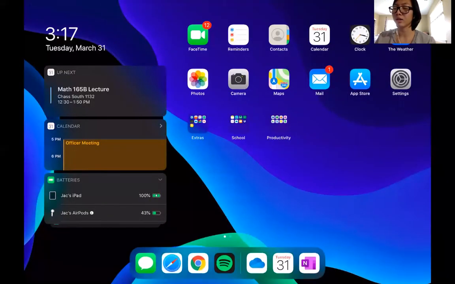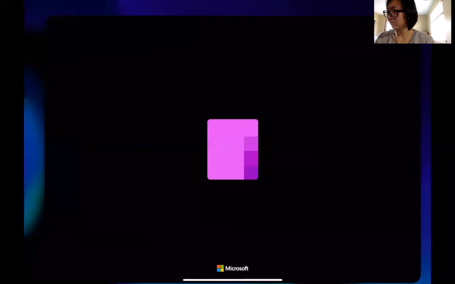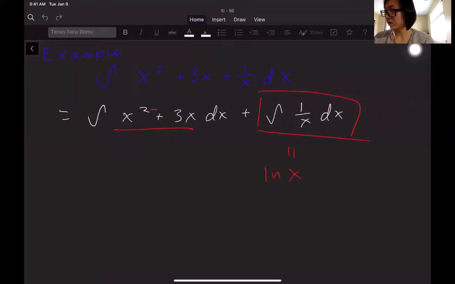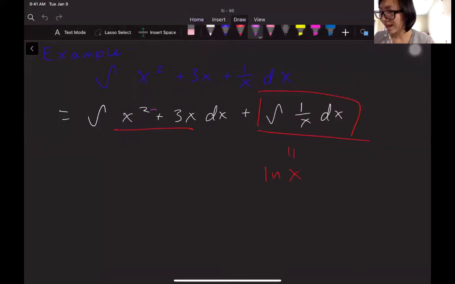That's the opposite of, whoops. So I'm going to be adding 1 to this exponent, right? Because that's the opposite of subtracting 1. And then I'm going to do the opposite of multiplying, right?